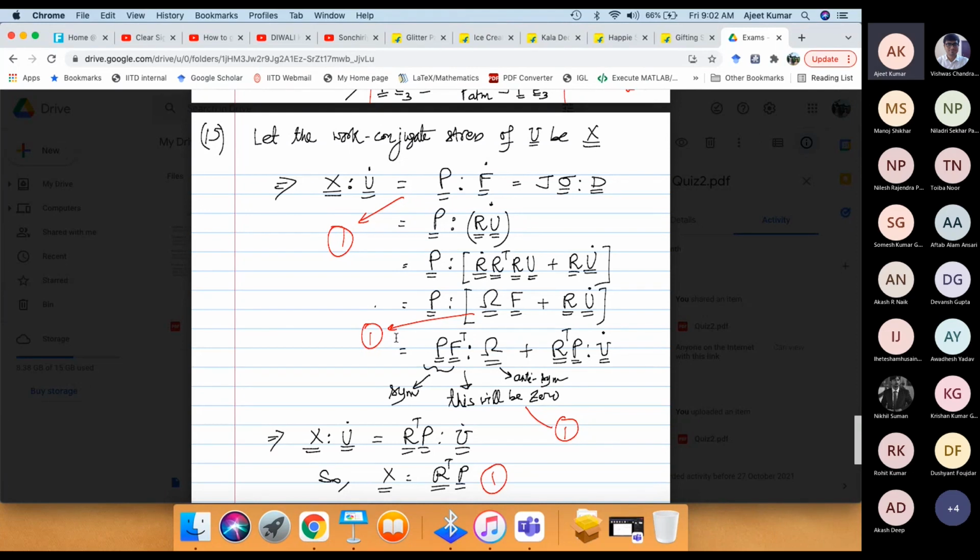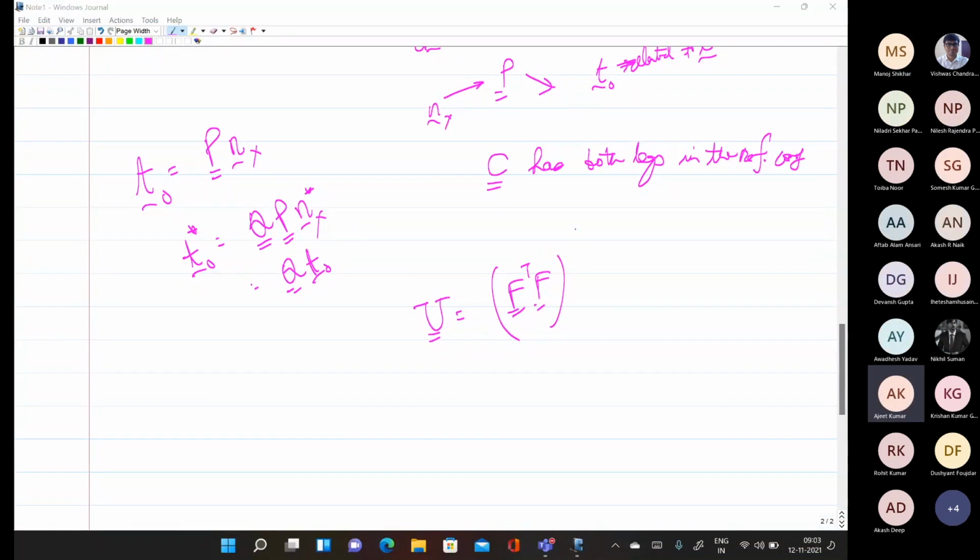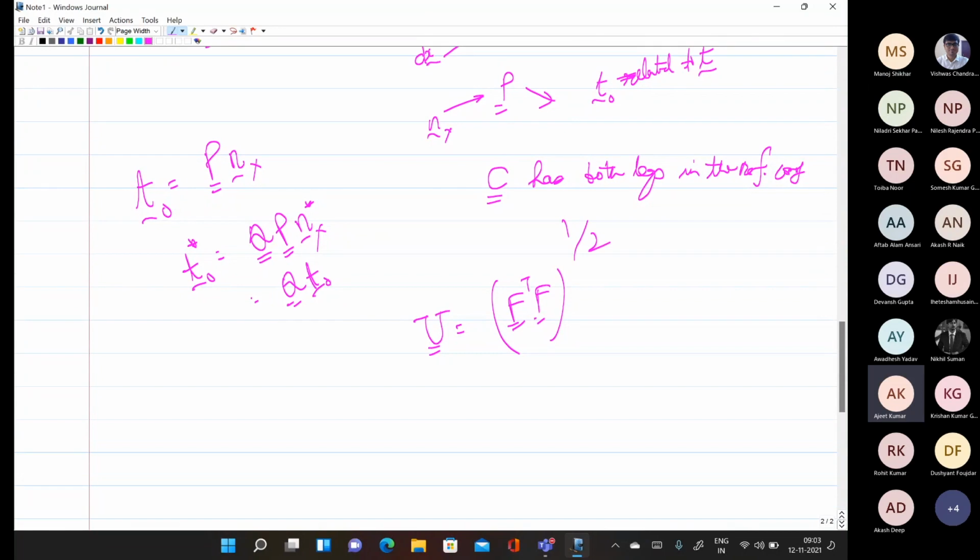Yeah, because sir, I was facing problem on which side I should multiply with U inverse. So what you're saying is U is F transpose F to the half. So U dot should be half of F transpose F to the minus half, and then doing this. Is that what you're saying?